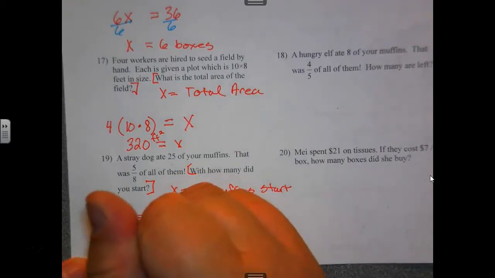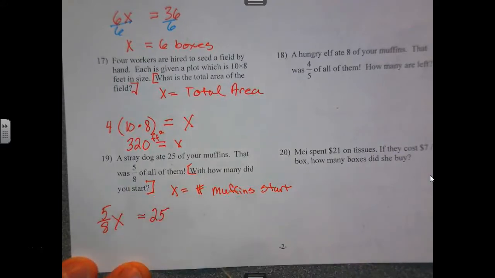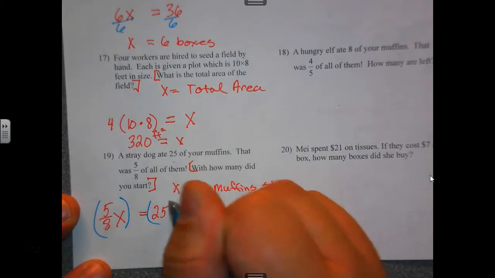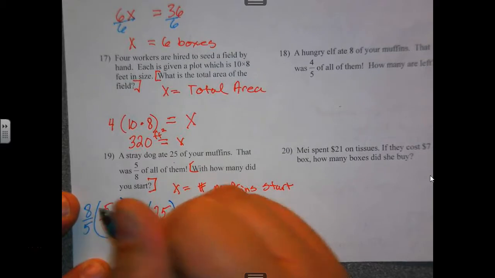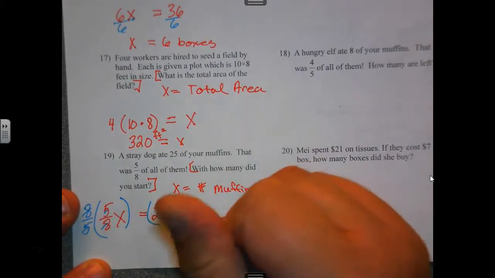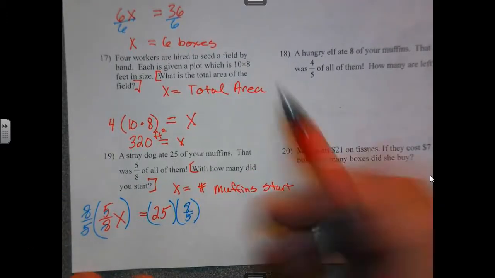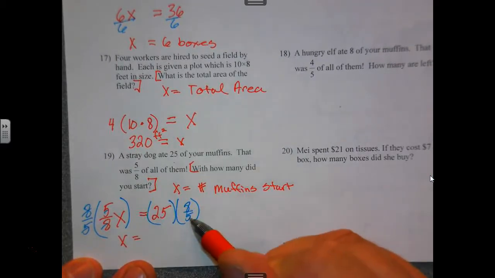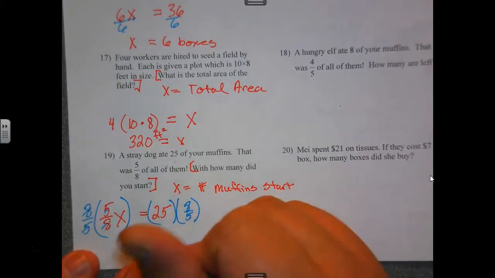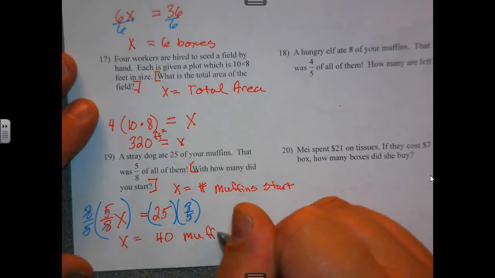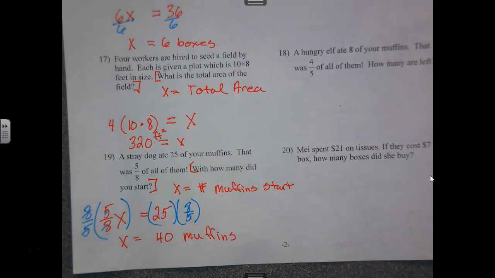That is 5/8 of the muffins. Okay. Again, what's the easiest way to get rid of a fractional coefficient? Multiply by the reciprocal, right? Because they all cancel the 1 and I get my X. Let's see, 5 goes into 25, 5 times 8 is 40. Started out with 40 muffins. That dog really ate a lot of them.